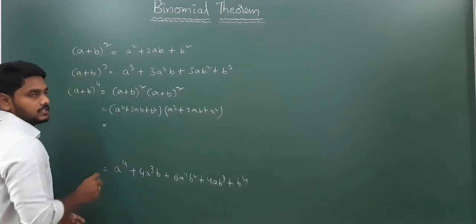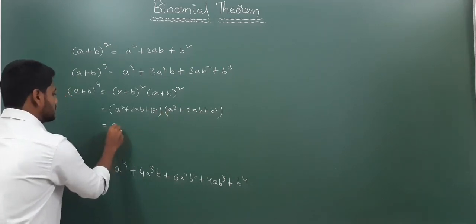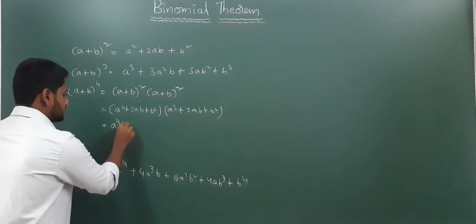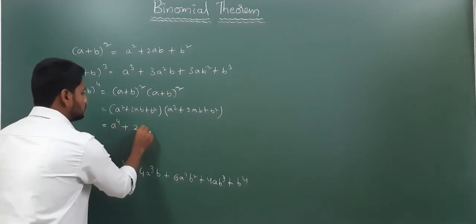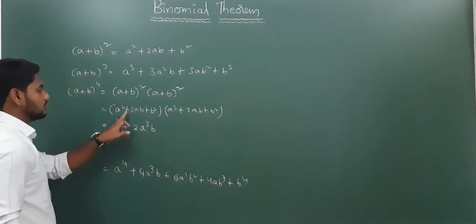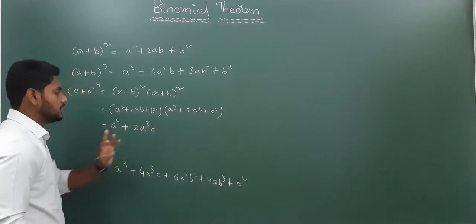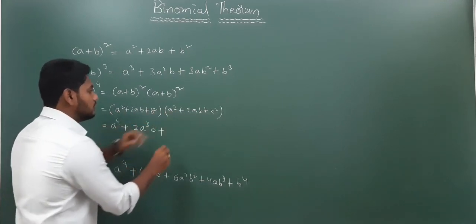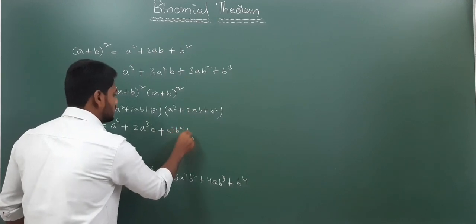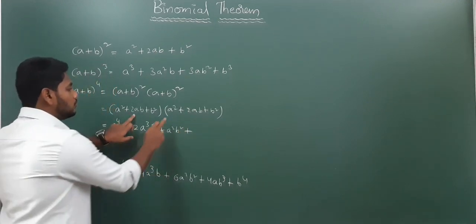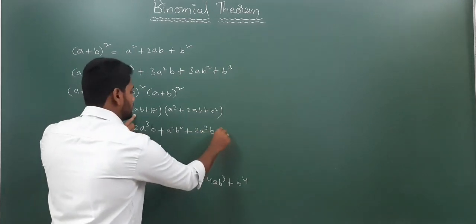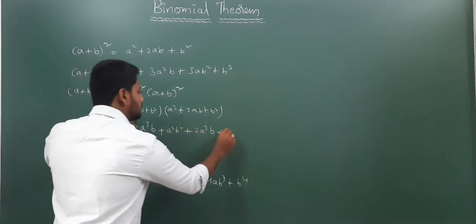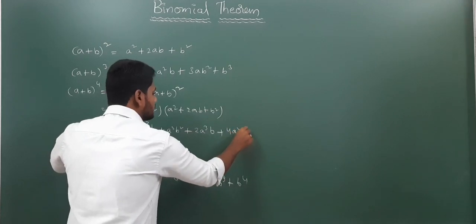Let us simplify that. a square into a square is a power 4, plus a square into 2ab is 2a cube b, because a square into a is a cube, plus a square into b square is a square b square. Now 2ab into a square is 2a cube b, plus 2ab into 2ab is 4a square b square, right?